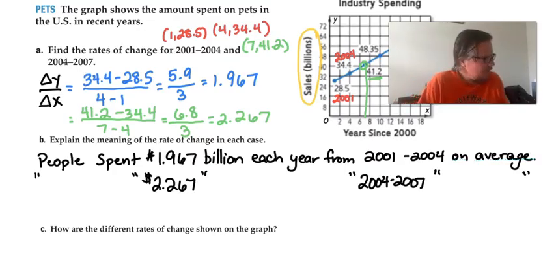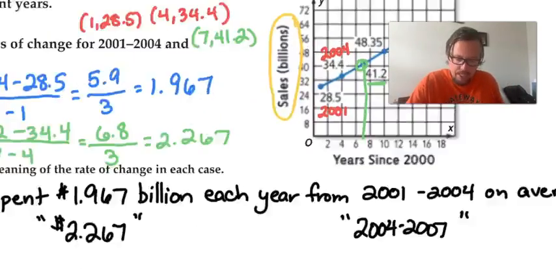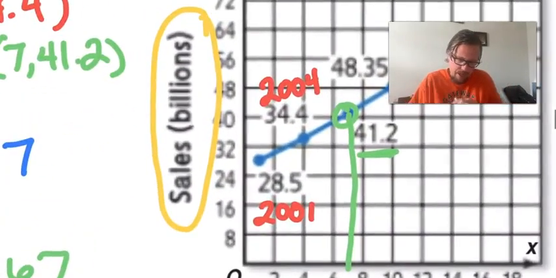So how is the difference shown in the graph? How does the graph show us these differences? Well, it's because the graph has a greater vertical change. If we zoom in really close here on the graph, here is the section from 2001 to 2004.